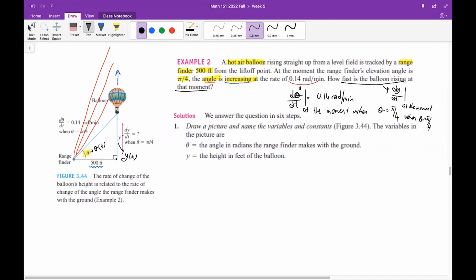Okay, so let's start solving the question. We already drew a picture. We understand what is given, what is being asked. So let me write. Given that, we want to find.